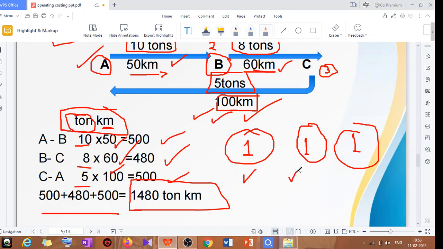What about the trips? There will be many trips, not only one. And what about the number of days? Will it work for only one day? No, it will work for 30 days or 25 days. It depends, so you should know that. The example I gave is only for one day, one vehicle and one trip. I hope it is clear to you.